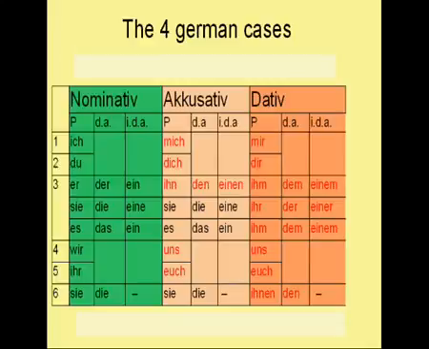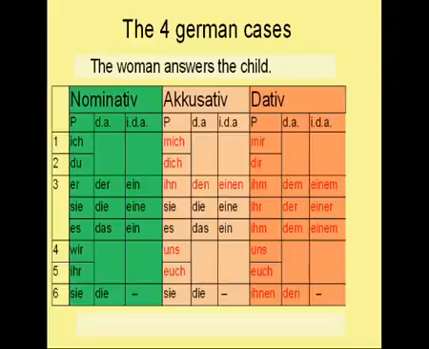So let's see some examples. The woman answers the child. Which word in the sentence is the subject and which word in the sentence is the object? The subject obviously is the woman. The woman is feminine in German. And the is the definite article.